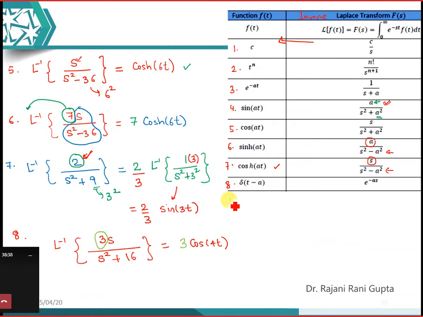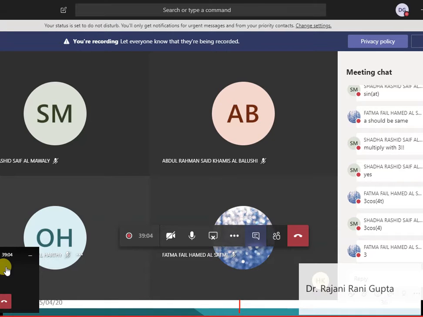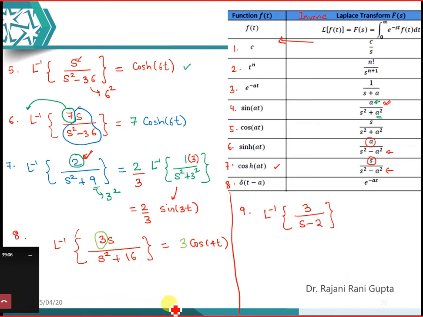Okay, now let's take Laplace inverse of 3 over s minus 2. Which rule are we going to use? Rule number 3, correct.